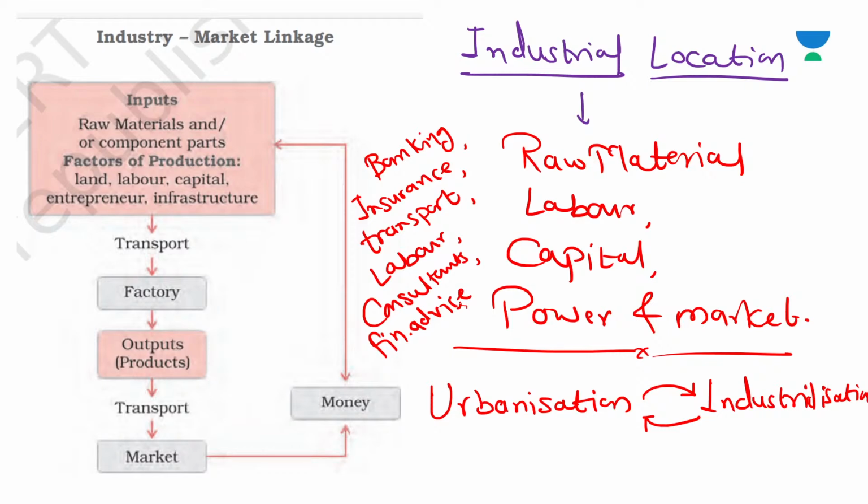So many industries tend to come together to make use of advantages offered by the urban centers, known as agglomeration economies. Gradually, a large industrial agglomeration takes place.